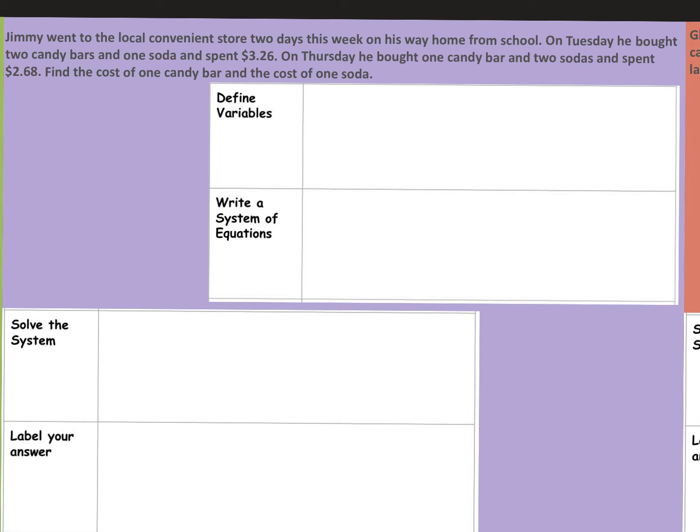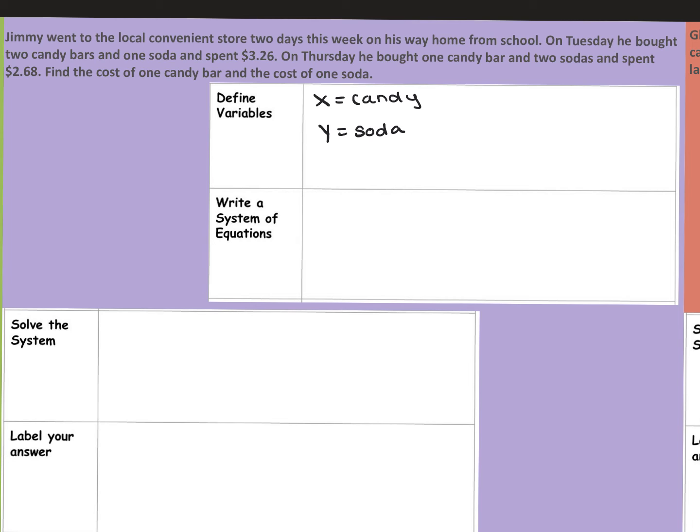Find the cost of 1 candy bar and the cost of 1 soda. Again, we need to define our variables. I'm going to label x and y. Of course, you can use C for candy or S for soda, but in this situation, I'm going to use x for candy and y for soda.